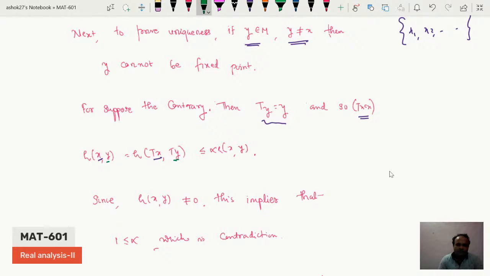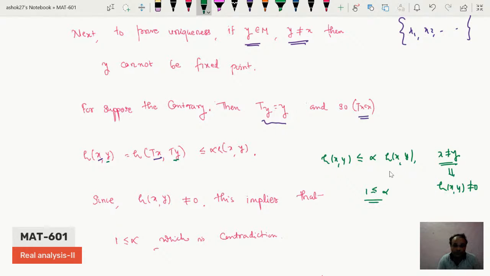So what we are getting here is rho of xy is less than or equal to alpha times rho of xy. Since x is not equal to y, rho of xy is not equal to 0. So you can divide both sides of this inequality by rho of xy, and from that you will get alpha greater than or equal to 1.